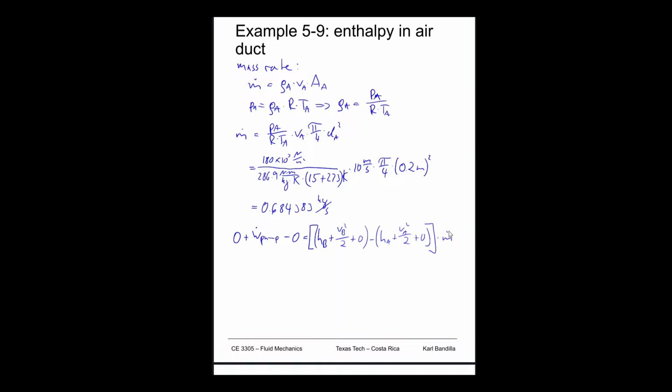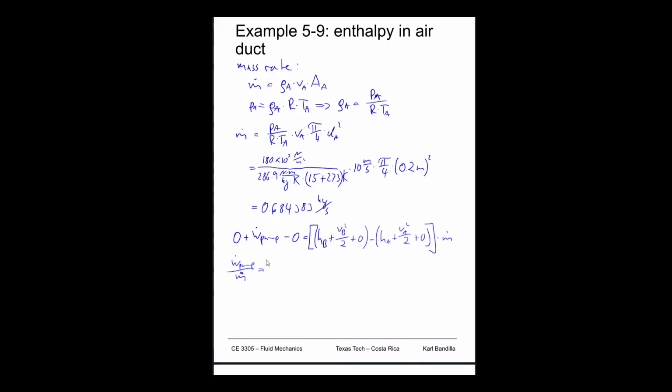All right, so what we want to find is the change in enthalpy, right? So we want to solve all this for HB minus HA. So we'll start out by just dividing by m dot. On the one side, we'd have W dot pump divided by m dot, is equal to everything here.